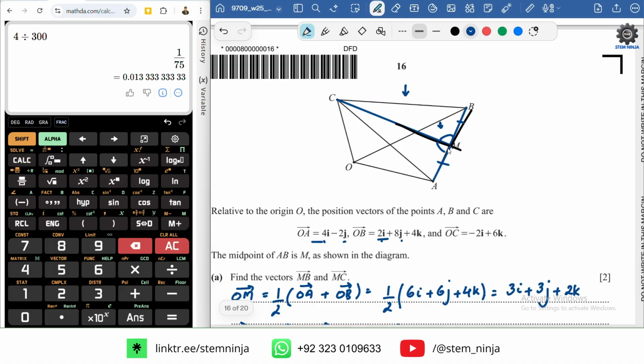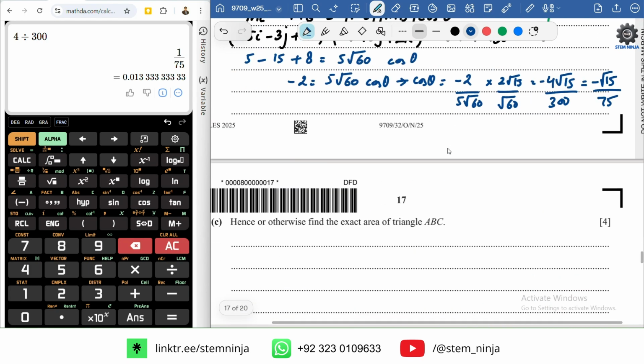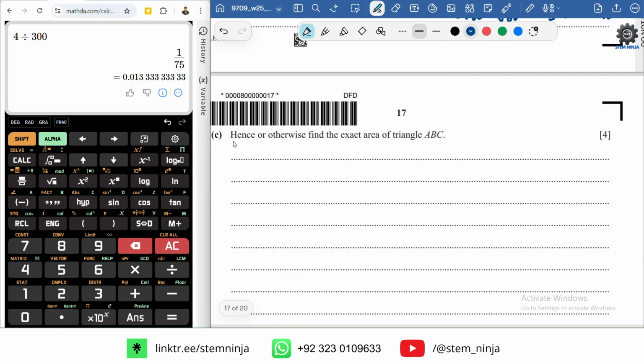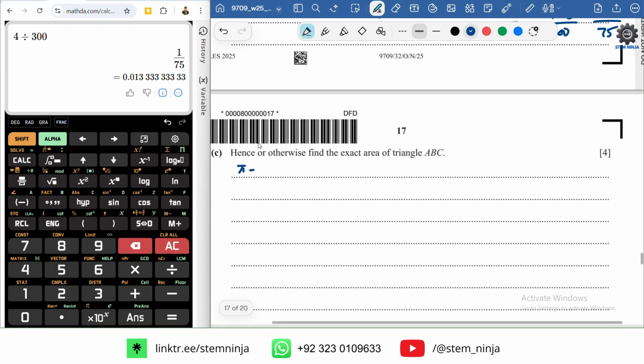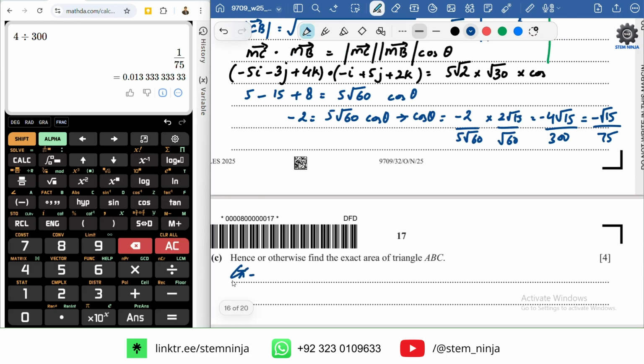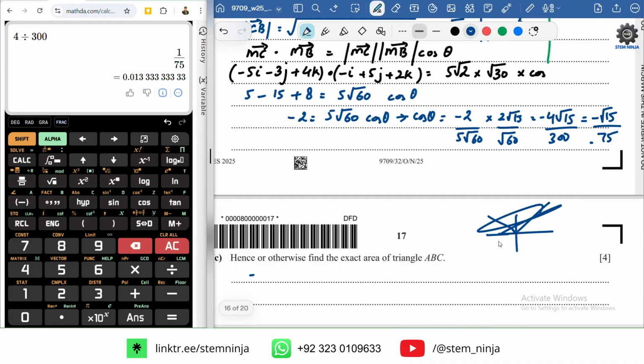So we can find out using the sine rule or the area sine rule, right? So pi minus this thing. Oh, no, wait. Cosine is negative in the second quadrant, right? So if one is this, the other one would be just simply root 15 over 75. Okay, alright, so got it.